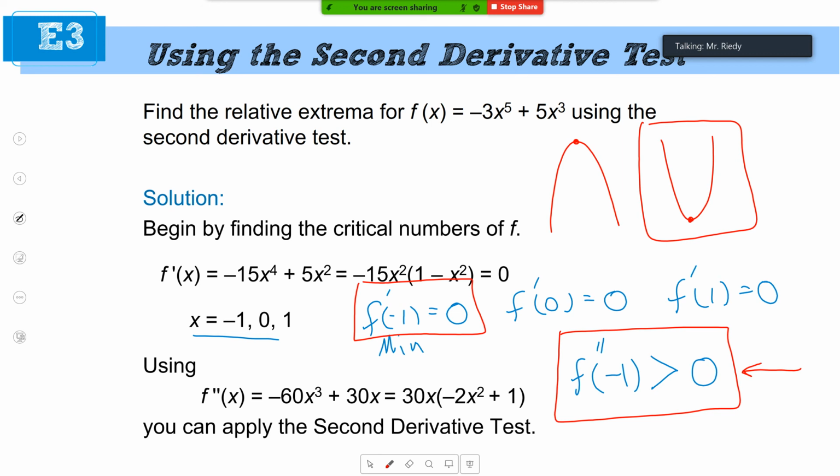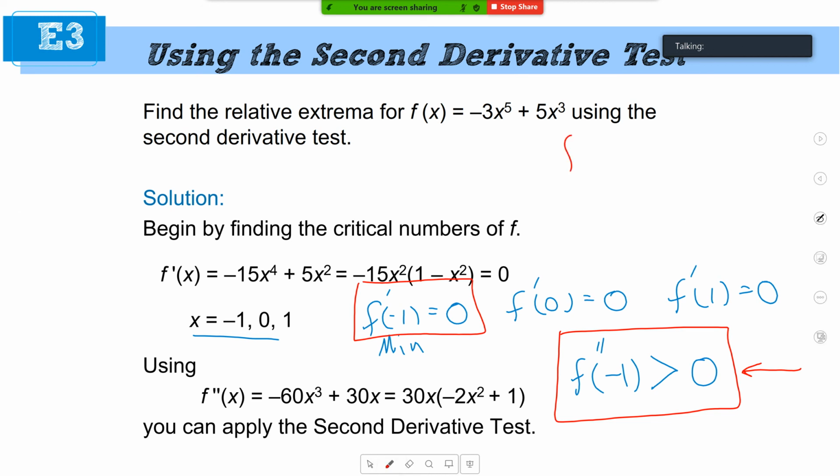Let me do another one and see if it makes sense. Let's talk about f''(1). Is it bigger or smaller than 0? That's a positive times a negative, which makes it negative, so it's less than 0.